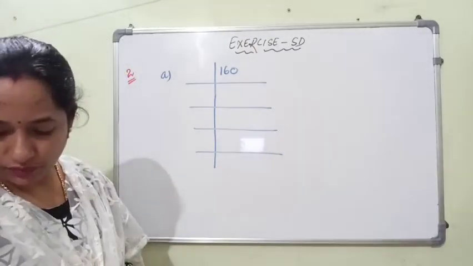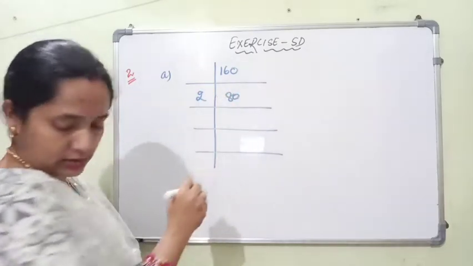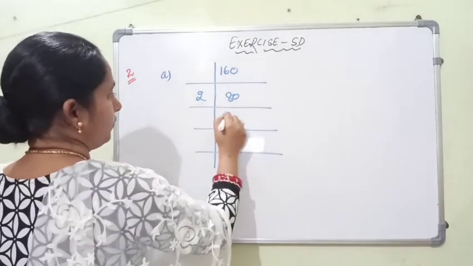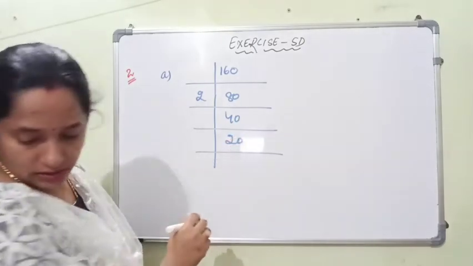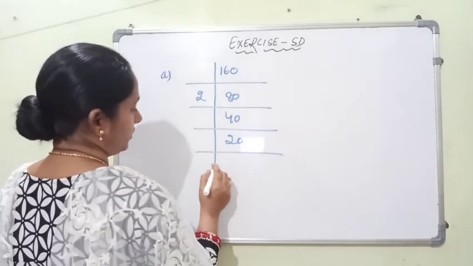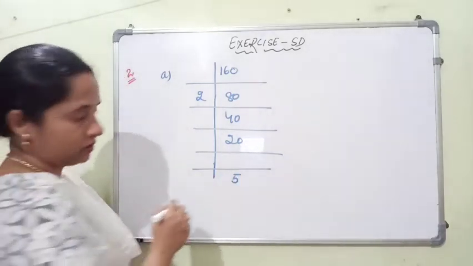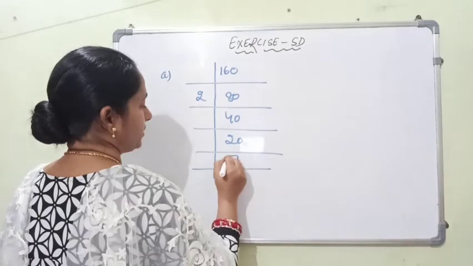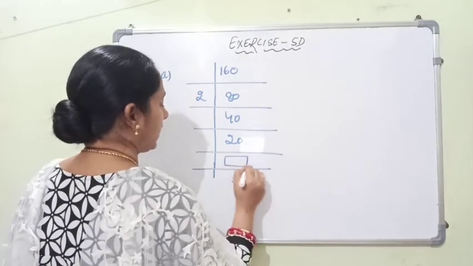So what are given to you? Here you are given 2 and 80, then 40, then 20, then one more, 5. These gaps you have to fill.